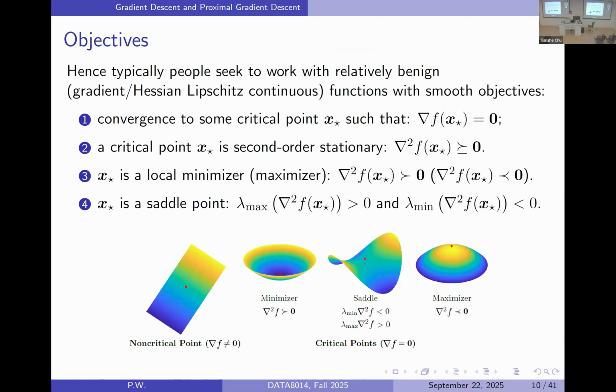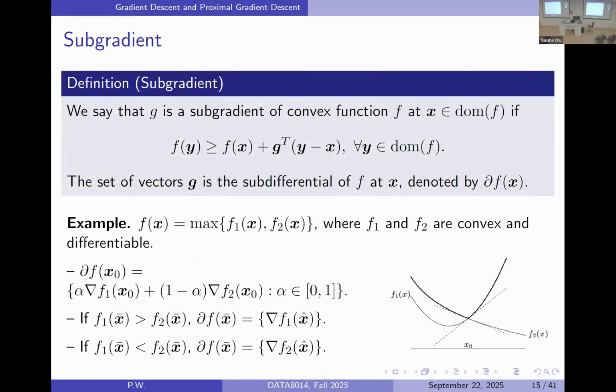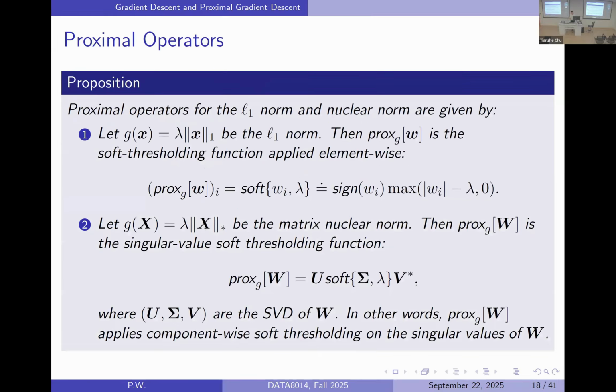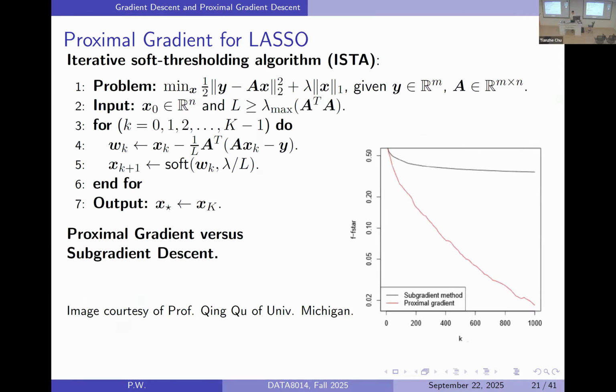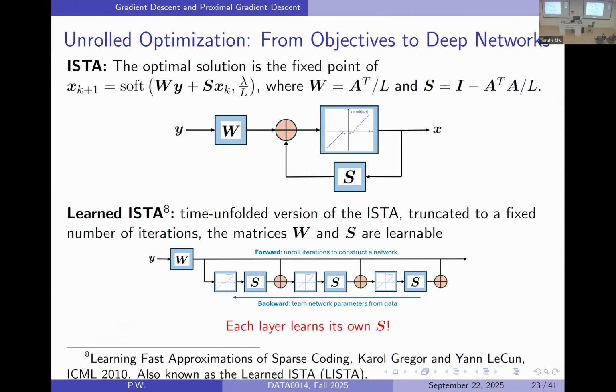You can see here, when we derived the convergence for gradient descent, first we showed that the function value is monotonically decreasing. But for these accelerated algorithms like the heavy ball method or accelerated gradient descent, you cannot show the algorithm is monotonically decreasing. Sometimes the function value could increase.